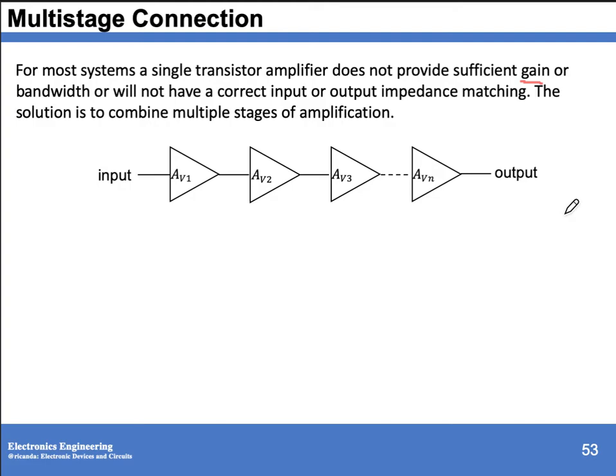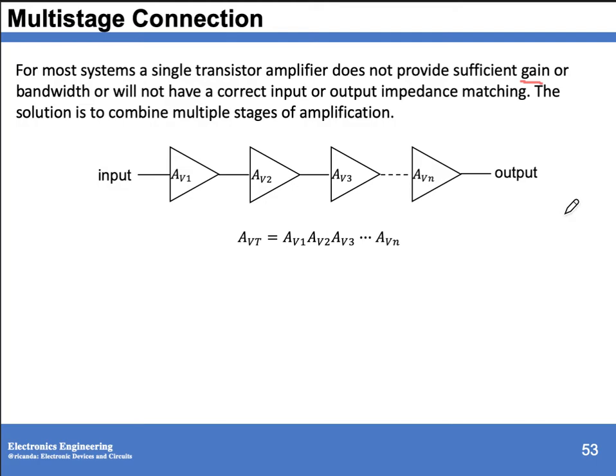If we are using the voltage gain, we have a total voltage gain, which we call AV total. It is equivalent to the gain of the first amplifier times the gain of the second, the third, and so on.